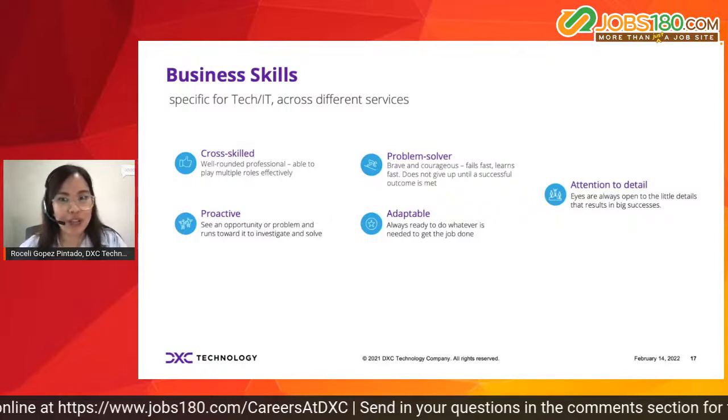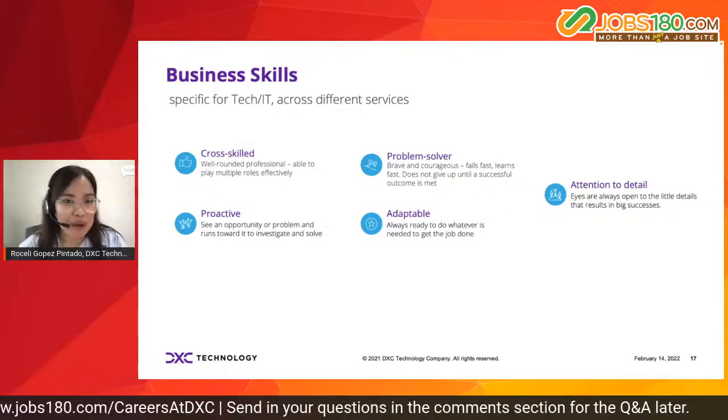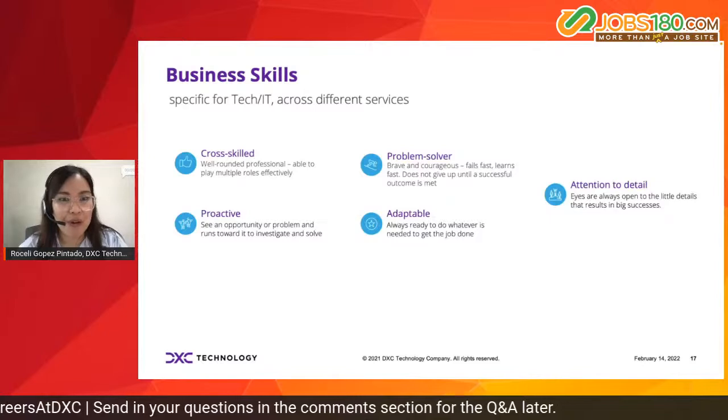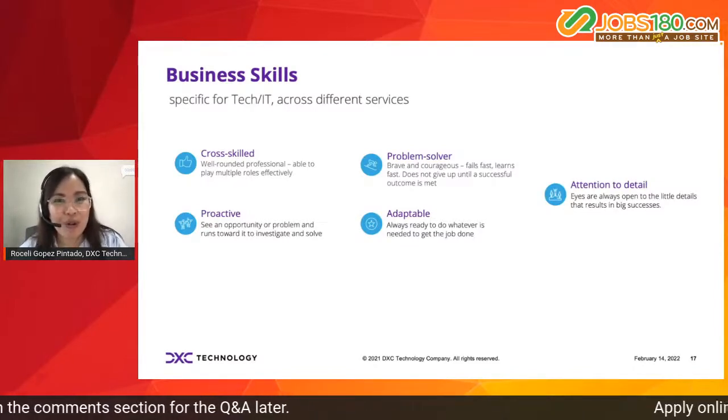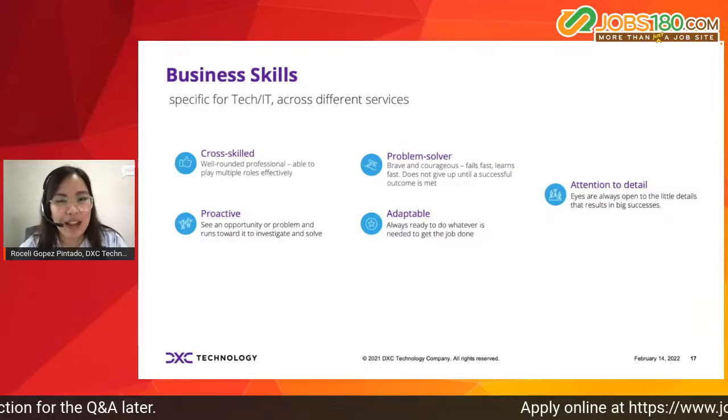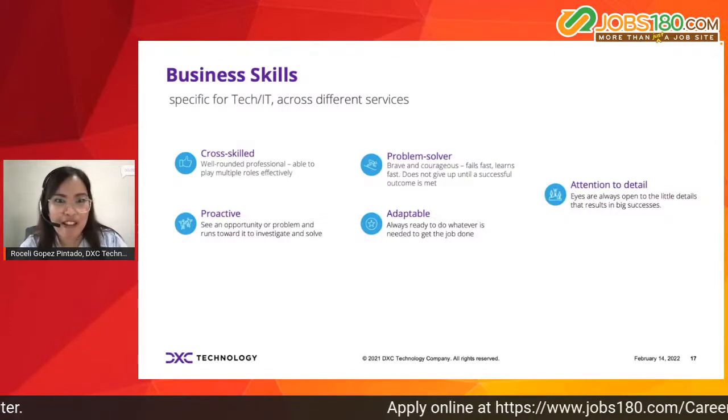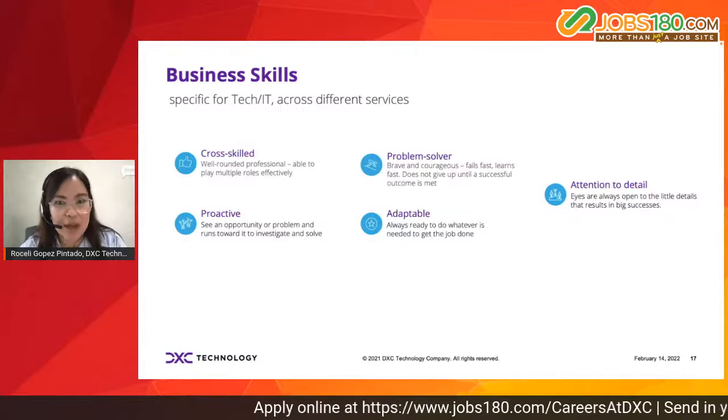You're flexible enough to say, okay, maybe not my scope as I understand it, maybe you're thinking, oh, dapat it's my manager's role or my team lead's role, but hey, I think I can do it. I'm courageous enough to try, right? And that's being flexible and adaptable.